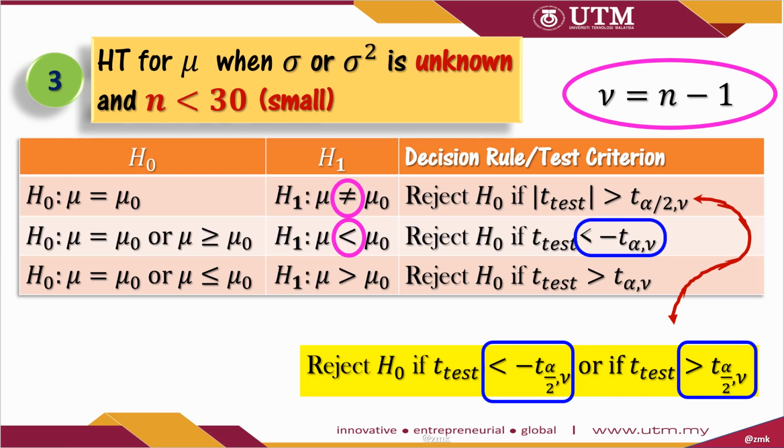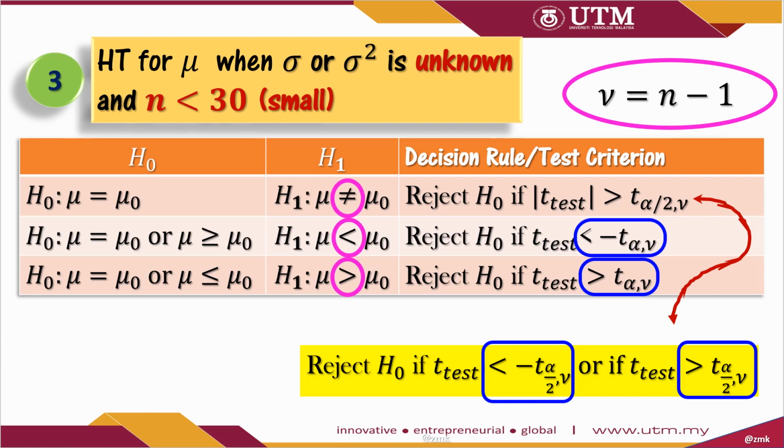And the last choice is the right-sided alternative hypothesis test, where under H1 we have mu greater than mu naught. The decision rule is then reject H0 if t-test is greater than the right critical value, which is t alpha, nu.